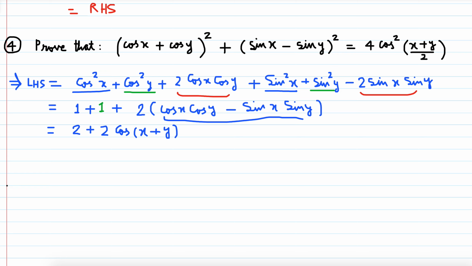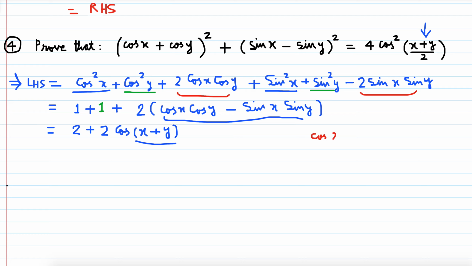But here we have x plus y as the angle, and on the right side we are given x plus y by 2. So if this is theta by 2, we will use this formula. We have to convert cos theta in terms of cos theta by 2.